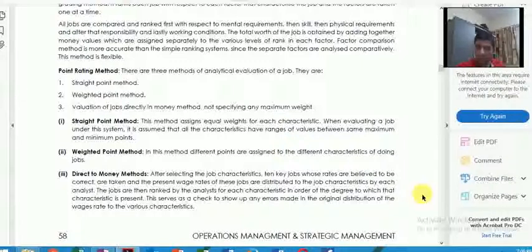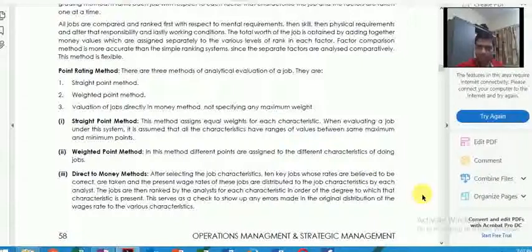In this method, the 6 points will not be equally distributed over 6 characteristics. It can happen that only one characteristic will have 6 points, or 2 characteristics have 3 points. In simple terms, in the weighted point method there is unequal distribution of points for every characteristic, but in the straight point method there is equal distribution of points for every characteristic.